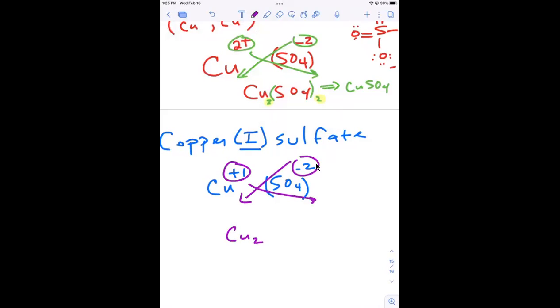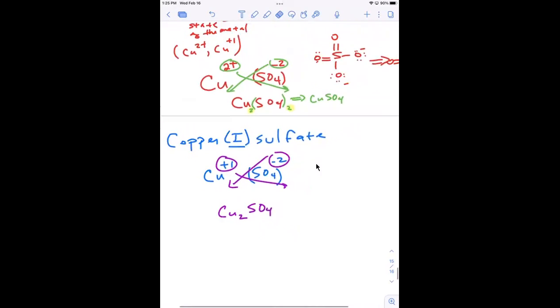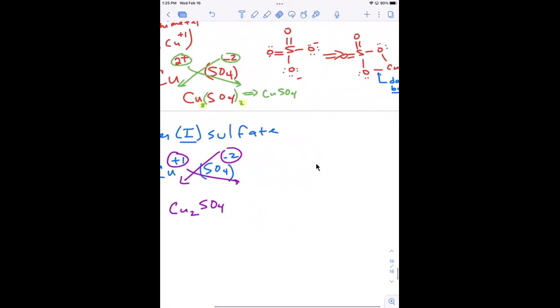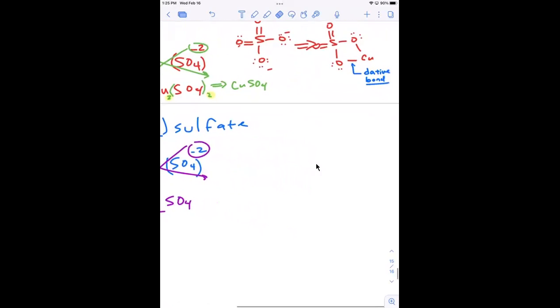And then 2 SO4. Remember, this is understood to be 1, so we don't have to write it. Cu2. Now, that would indeed have 2 coppers, right?